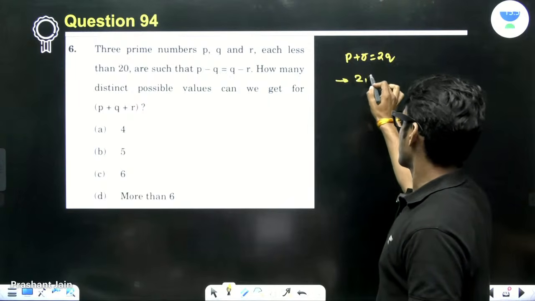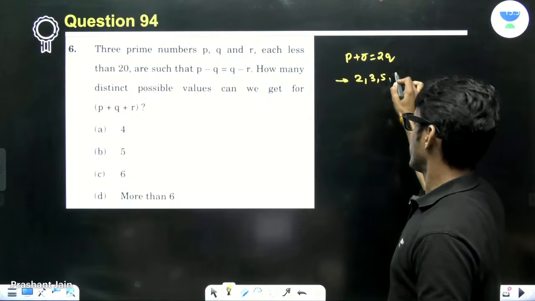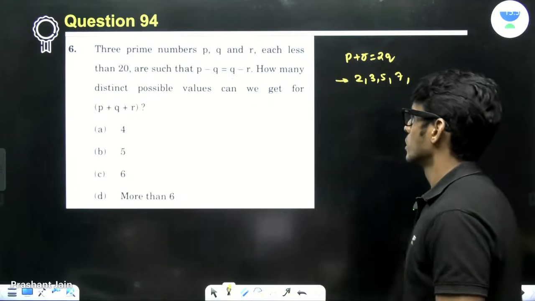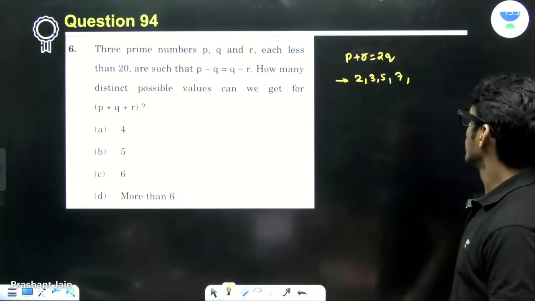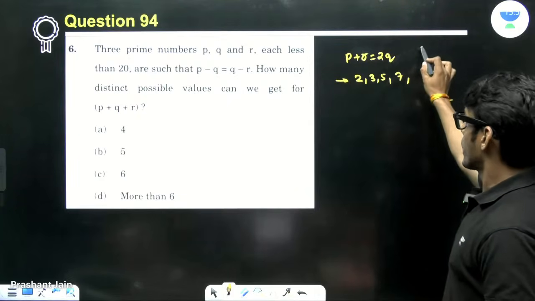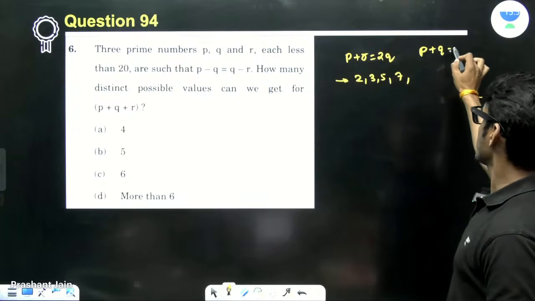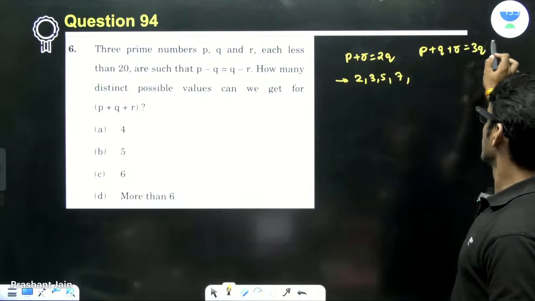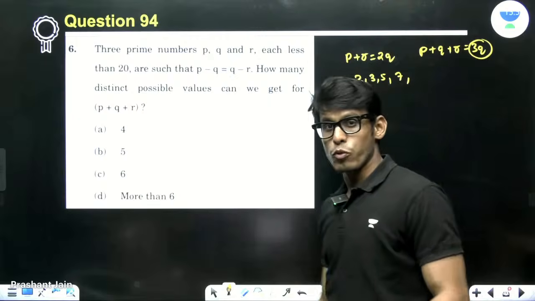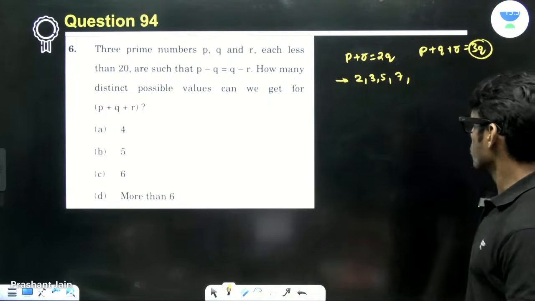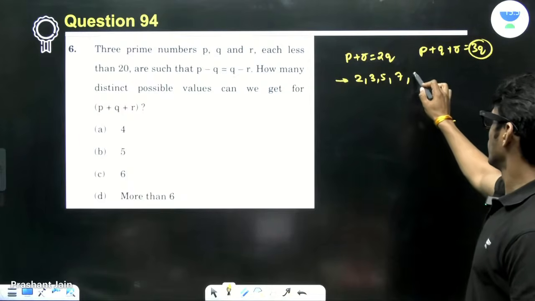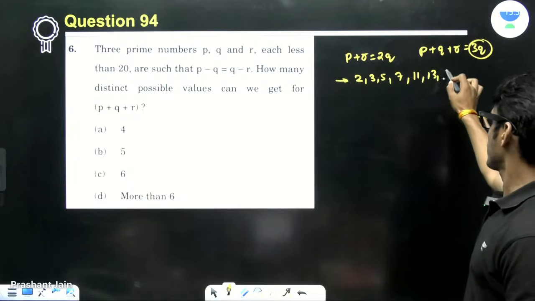Let's write all the prime numbers less than 20: 2, 3, 5, 7, 11, 13, 17, and 19. Can you see that P plus Q plus R is actually equal to 3Q? So we simply have to find distinct values of 3Q.